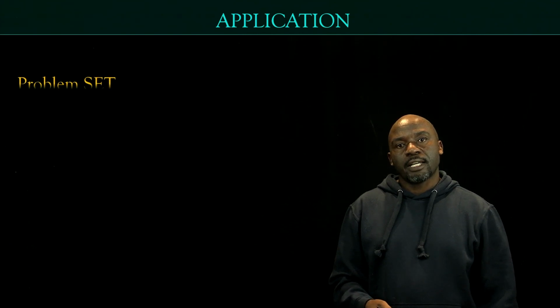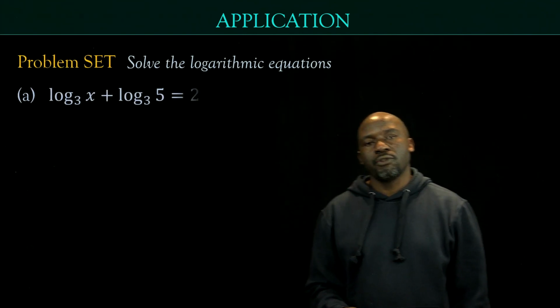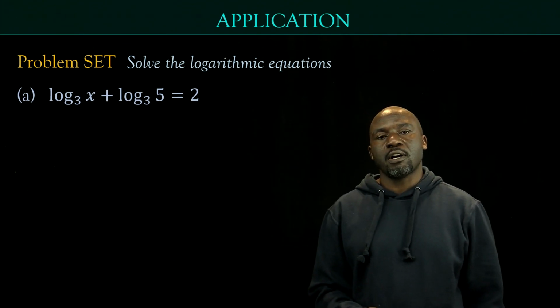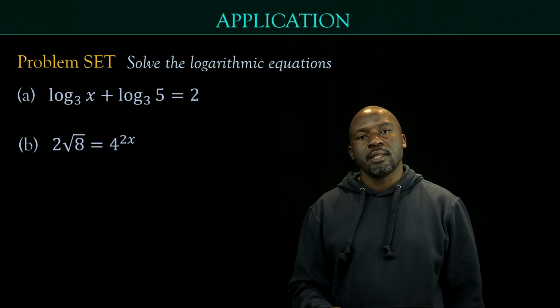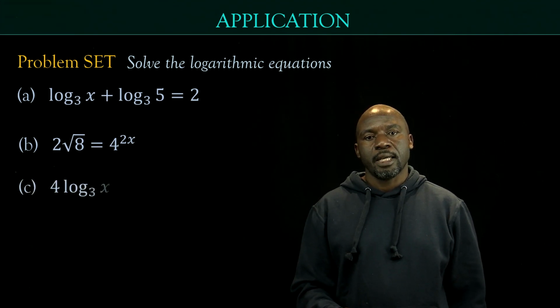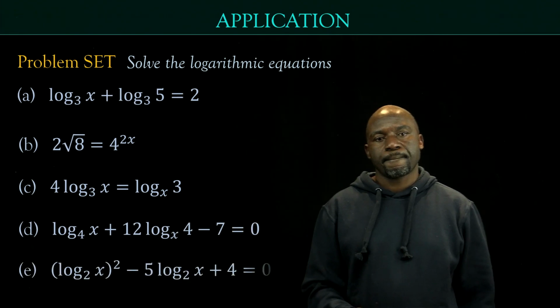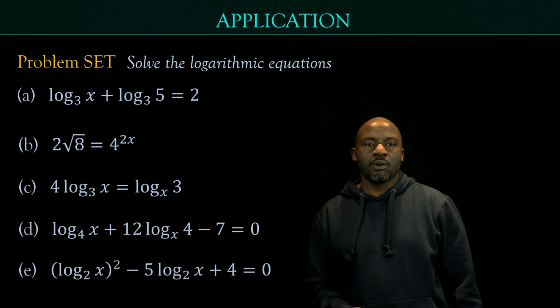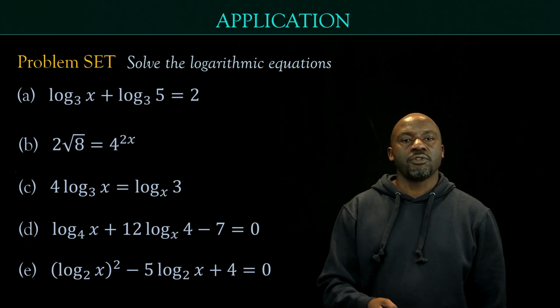Here is another set that you should try out. You'll just pause the video and solve the set of problems, and then go check the solutions in the playlist. Okay, here are others. Try the problems and let's see what you come up with.